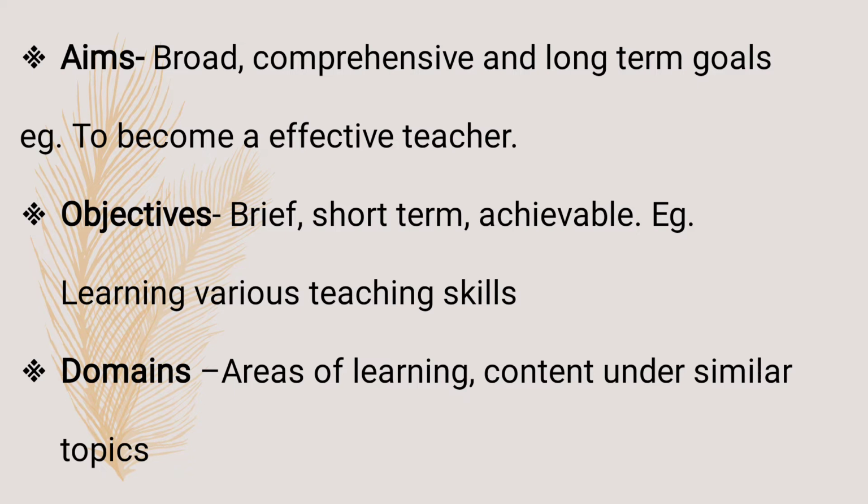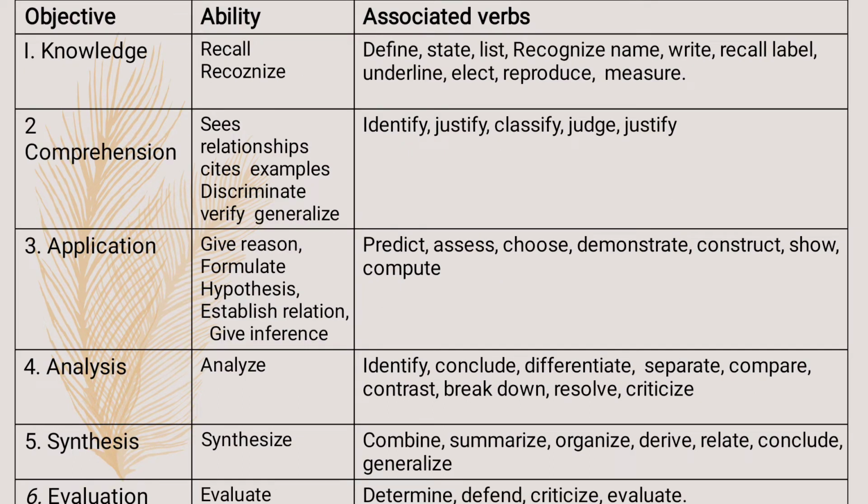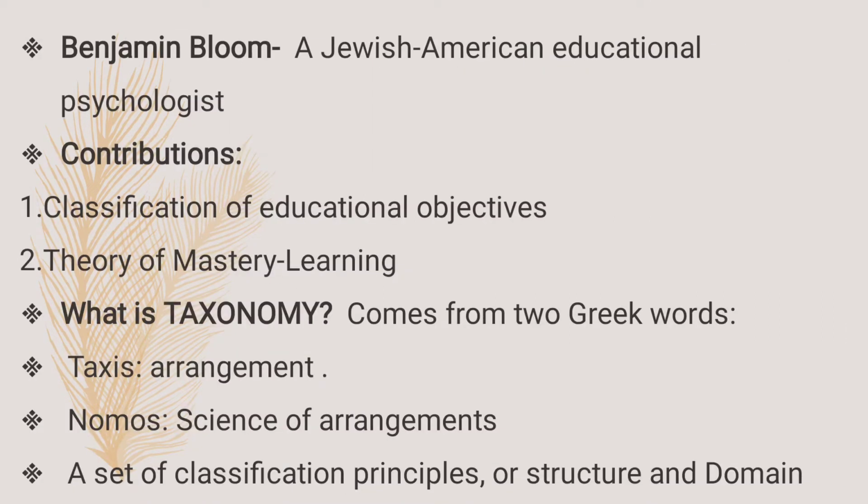Let us see what are the different types of objectives we have and how to learn them. Benjamin Bloom, an American psychologist, has given a very important classification of the objectives.